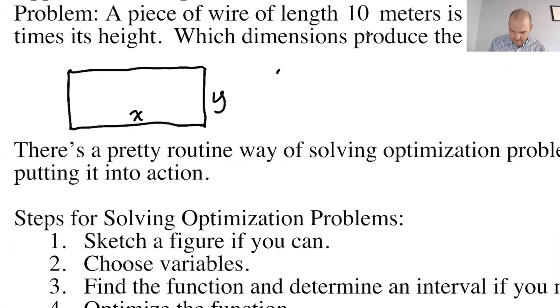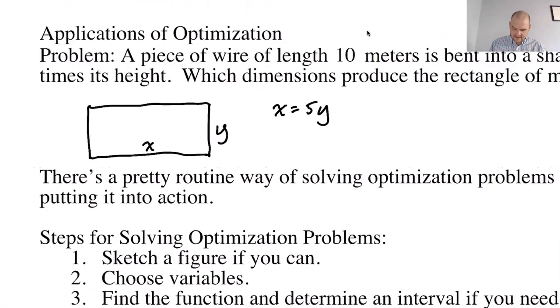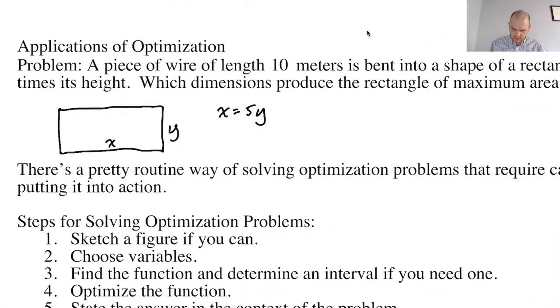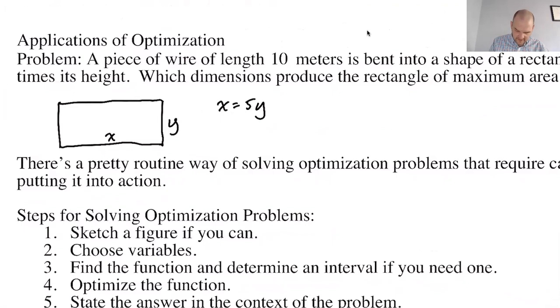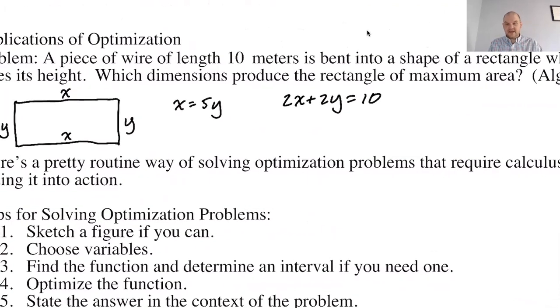So x is equal to 5y. Okay, and then I have 10 meters total. So you could label everything x and y. So 2x plus 2y equals 10. But then I know that x is equal to 5y, so let's replace this x with 5y.